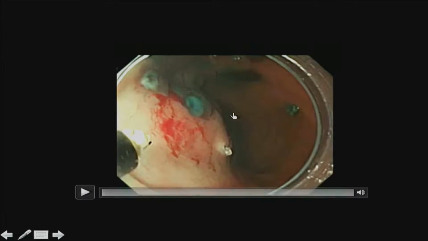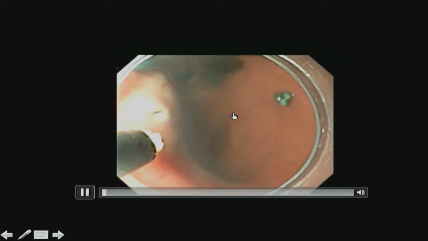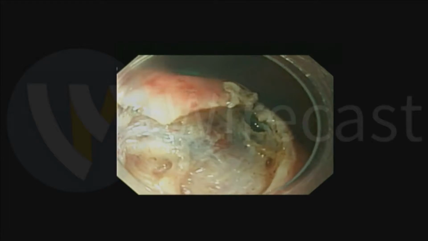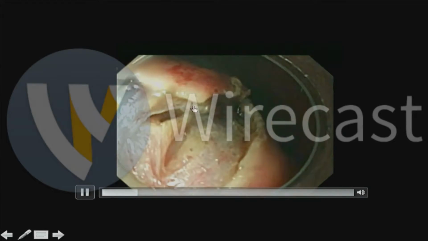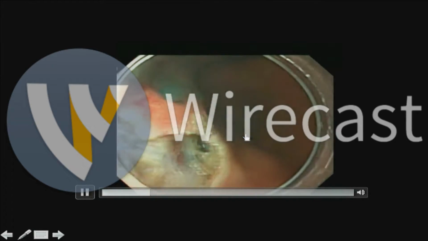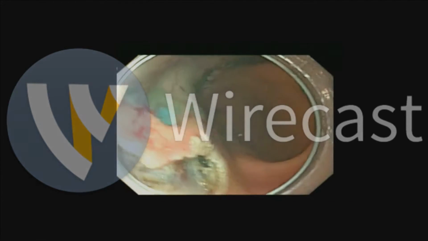But this is a perforation case during pre-cut like this. This is an anterior lesion. You can see the bowel movement, right? During the pre-cut, sometimes it is very horrible.